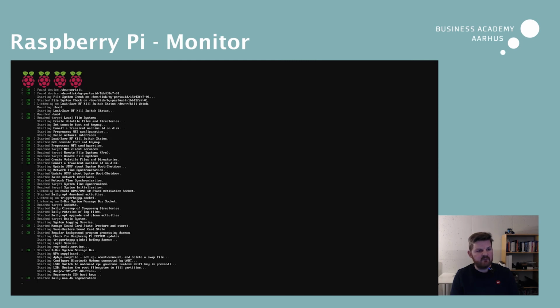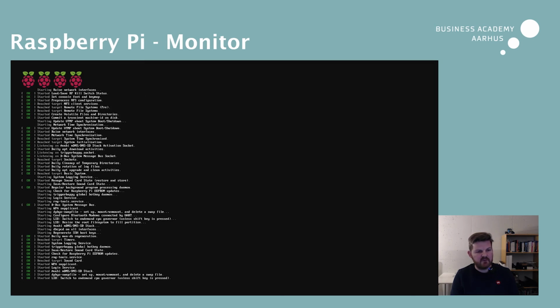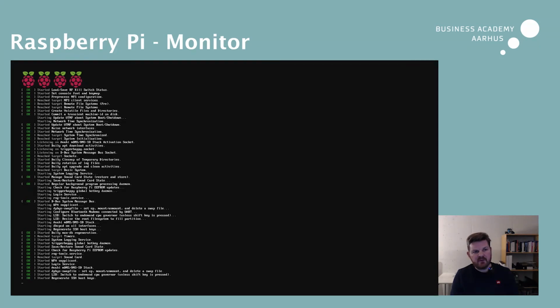Luckily it's not very expensive. You can get the SD card very cheap these days, but we need to let it run this boot process. So let's see how it goes.